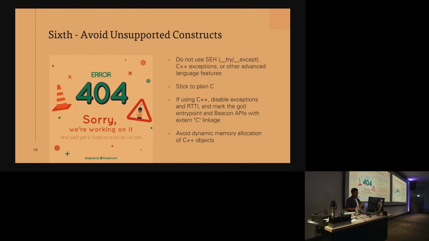You should not use them and try to stick to plain C. And if C++ is required, then you should disable exceptions and run-time type information (RTTI), and mark the go entry point with beacon APIs with extern C linkage. This ensures that the beacon object file will first try to use the C part of the program, and then it will go to the C++. And lastly, avoid dynamic memory allocation of C++ objects because calloc and malloc are not available.